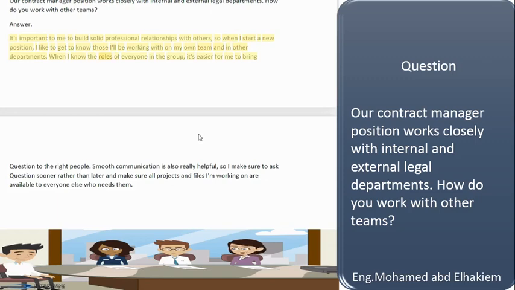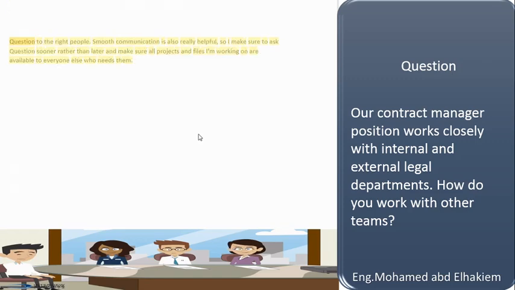When I know the roles of everyone in the group, it's easier for me to bring questions to the right people. Smooth communication is also really helpful, so I make sure to ask questions sooner rather than later and make sure all projects and files I'm working on are available to everyone else who needs them.